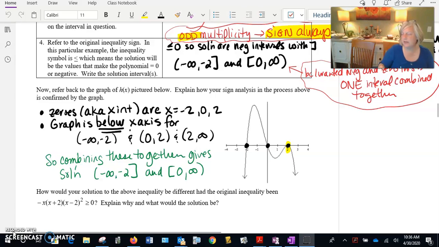Okay, coming back in to what we were looking at, I just highlighted that the zeros were at -2, 0, and 2. Then when you're looking at each of these intervals, I'm going to highlight them in green for above and red for below.